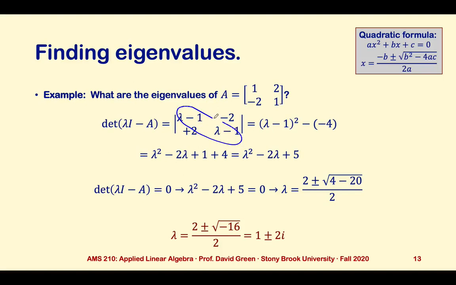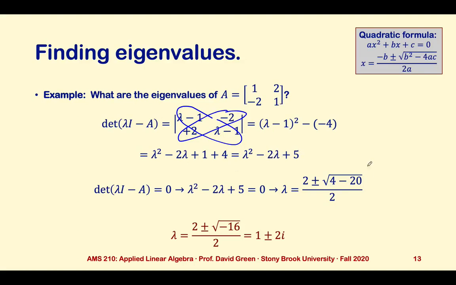Evaluate the determinant, multiplying the diagonal terms, lambda minus 1 squared. Subtract the product of the off-diagonal terms. 2 times -2 is -4.